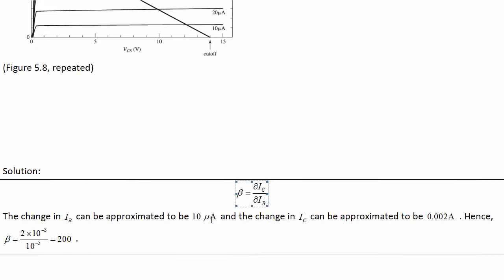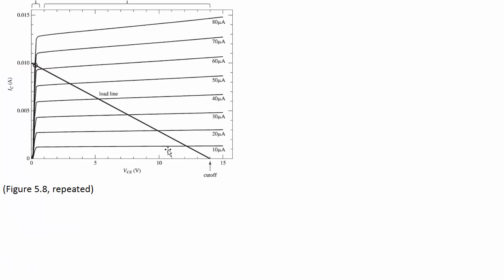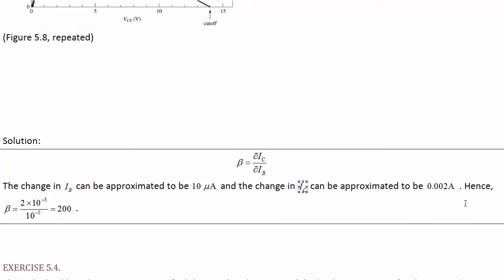Let's say IB is 10 microamps, and the change in IC, by looking from 10 up to 20, you can read off on the left, we've got a change in IC of 0.002 amps. So a 10 microamp change in the base current gives us a 2 milliamp change in the collector current. So 2 milliamps over 10 microamps, about 200 is the beta.